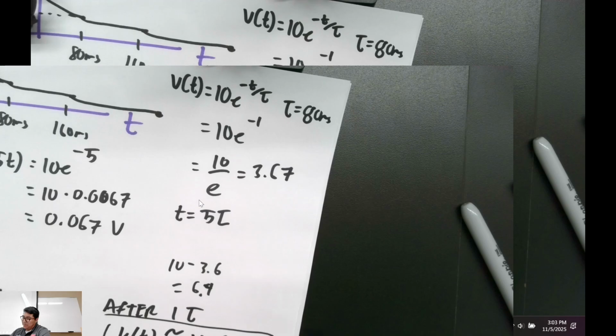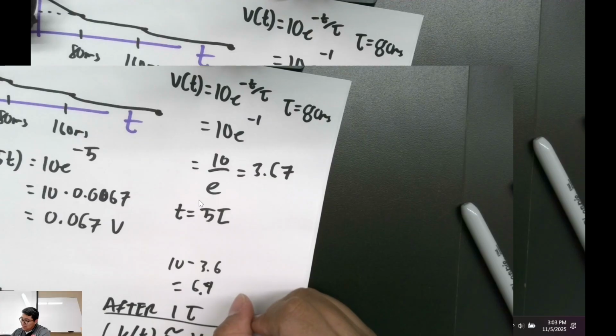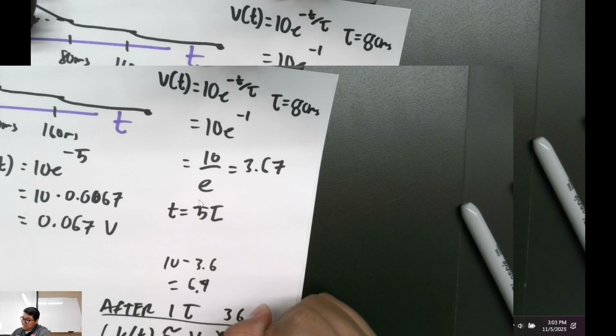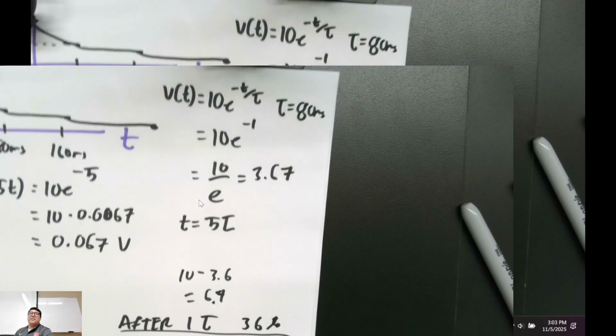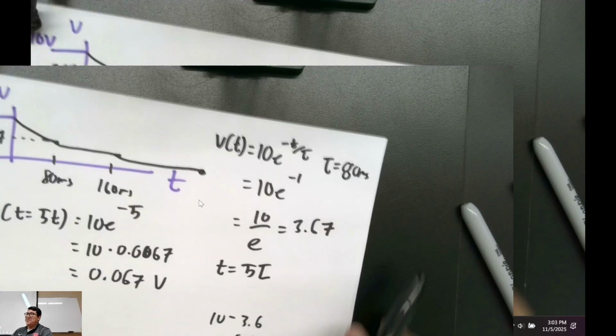Or not 64%, the other way, 36%. Is that good with everybody? Any questions about that? We can do this homework now.